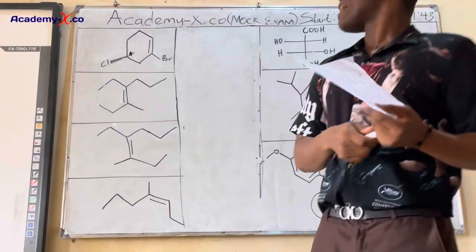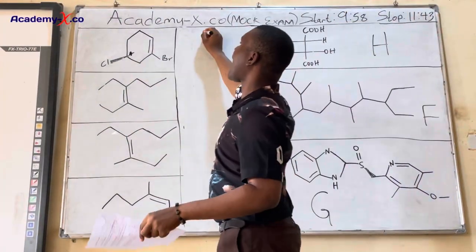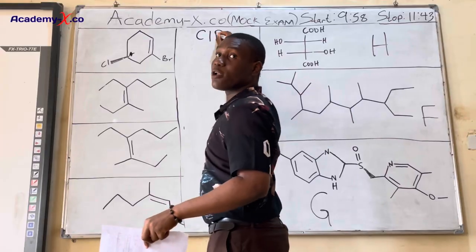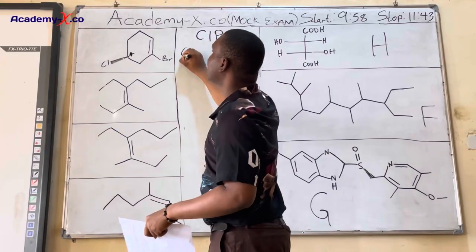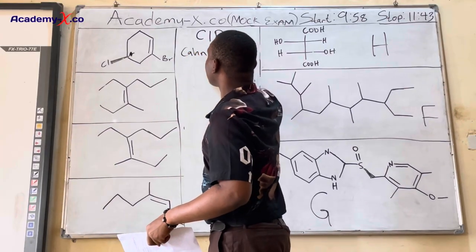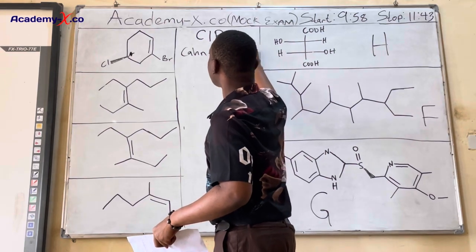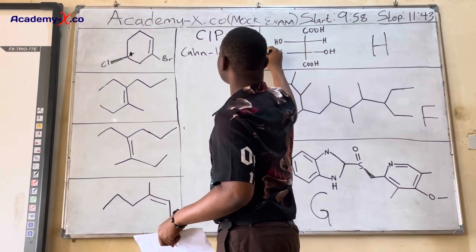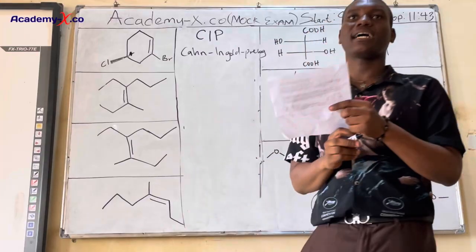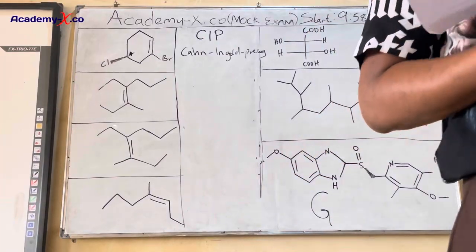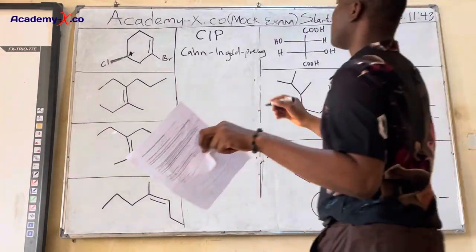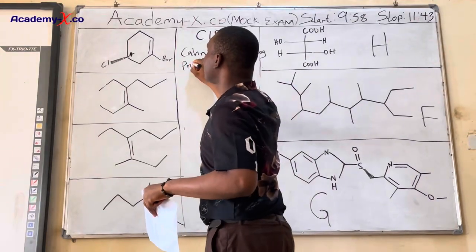So there's something called the Cahn-Ingold-Prelog rules. There are three scientists that came together. Cahn-Ingold-Prelog rules. Priority rules.